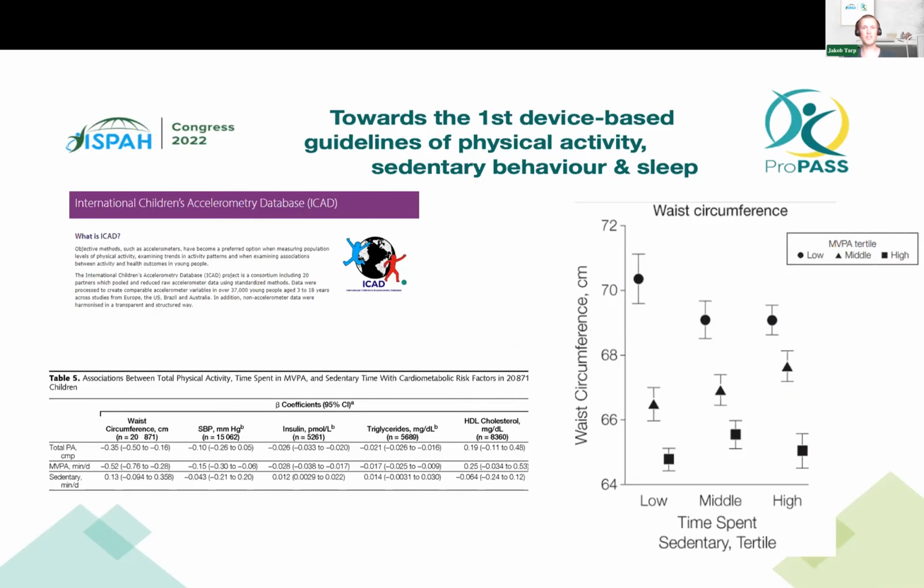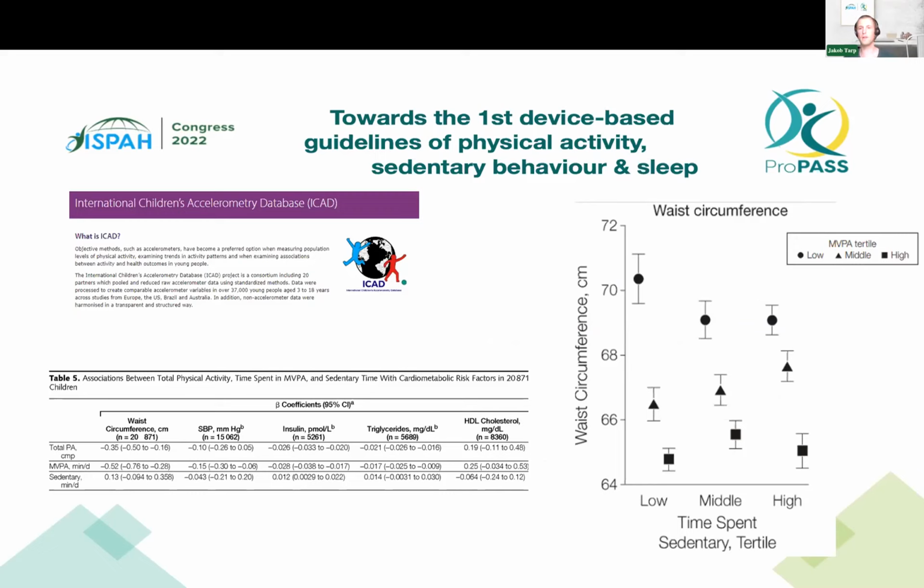The novel feature of the ICAD was not really that it showed how total physical activity or moderate to vigorous physical activity was associated with cardiometabolic risk factors here in table 5, and that the association between sedentary time and these outcomes in kids was maybe less convincing.